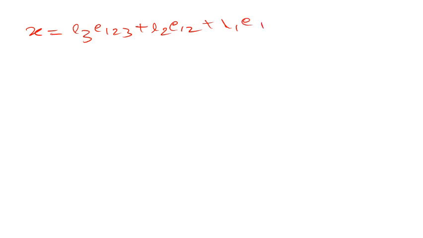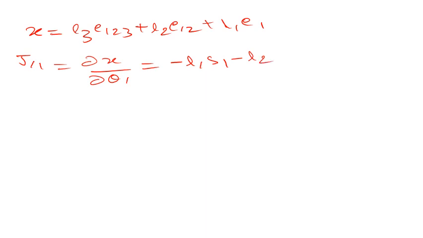So that means we have to find J11. J11 will be del x by del theta 1, which is given as minus L1 S1 minus L2 S12 minus L3 S123.